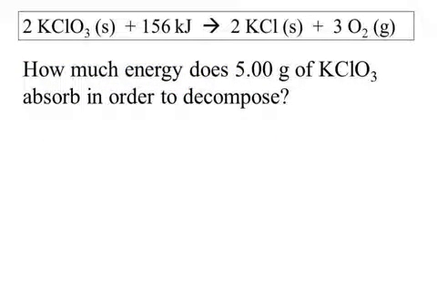If you want to solve using a thermochemical equation, it's simply a matter of using your stoichiometry and dimensional analysis. How much energy does 5 grams of potassium chlorate absorb? You have all the information above. You can see it's an endothermic reaction that requires 156 kilojoules for every 2 moles of potassium chlorate.